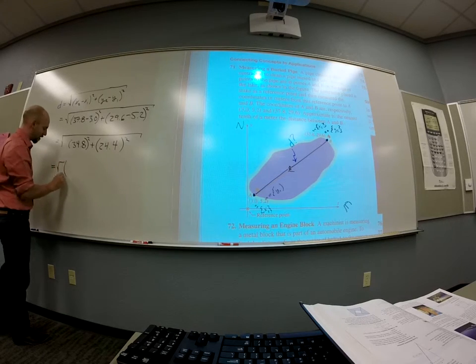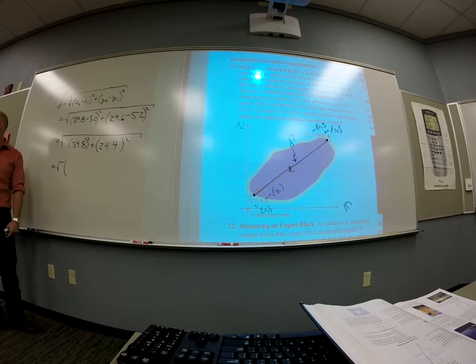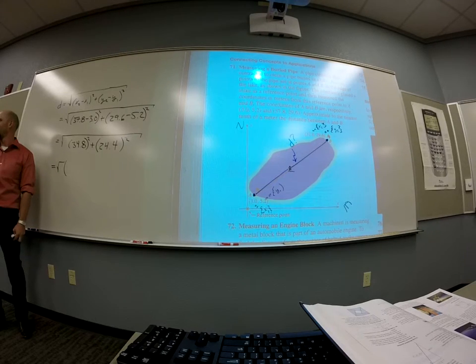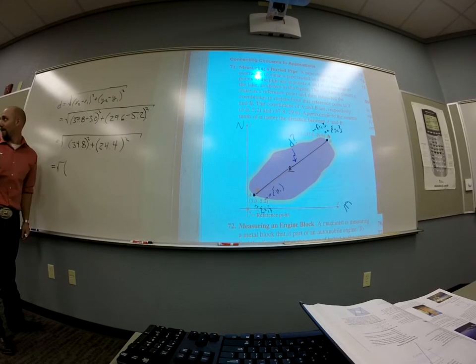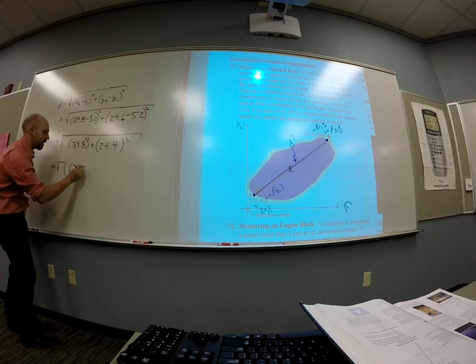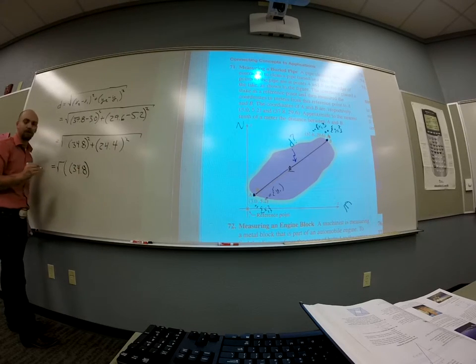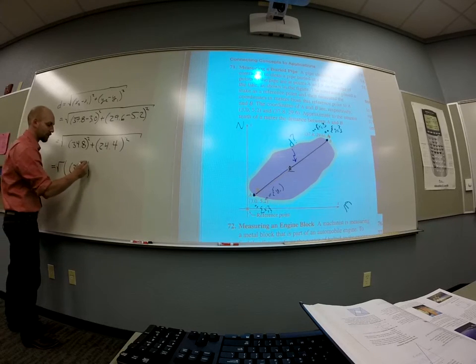Okay, so I get the square root key going. That gives me this. Then what? Put the 34.8 in parentheses. So I want 34.8, and then what do I want to do to 34.8? Square it. So there's a little square key.